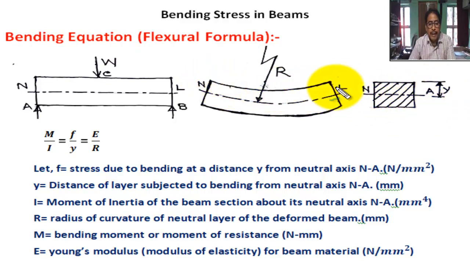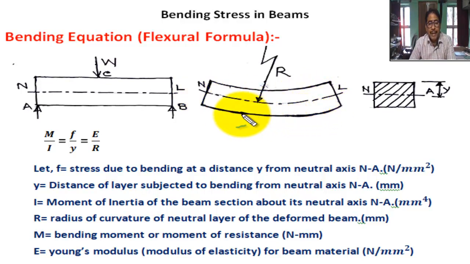Bending of a simply supported beam: maximum compression is developed at the topmost layer of the beam, and maximum tension is developed at the bottommost layer of the beam. The layer NL, the neutral layer, is neither in compression nor in tension.